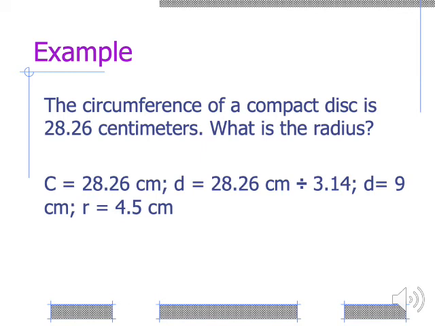You may use the formula pi d because that's easier. So d is the circumference over pi, so 28.26 over 3.14. Your d is 9, and we know that d is twice the r, so d is divided by 2, so you have r, which is 4.5 cm.